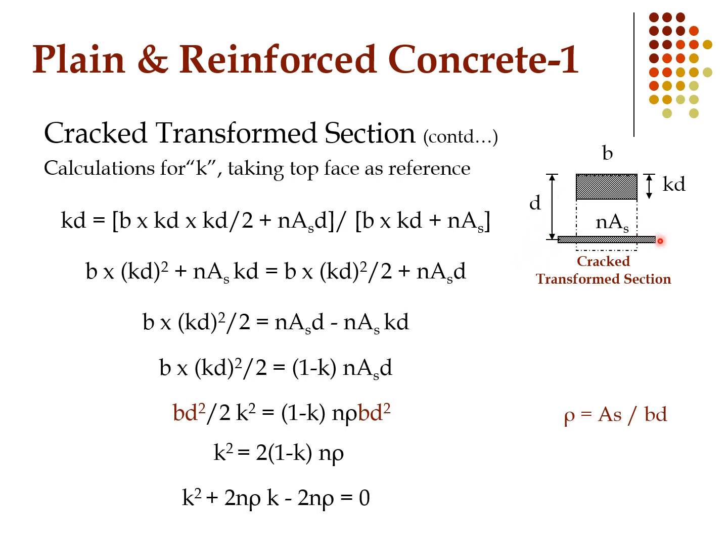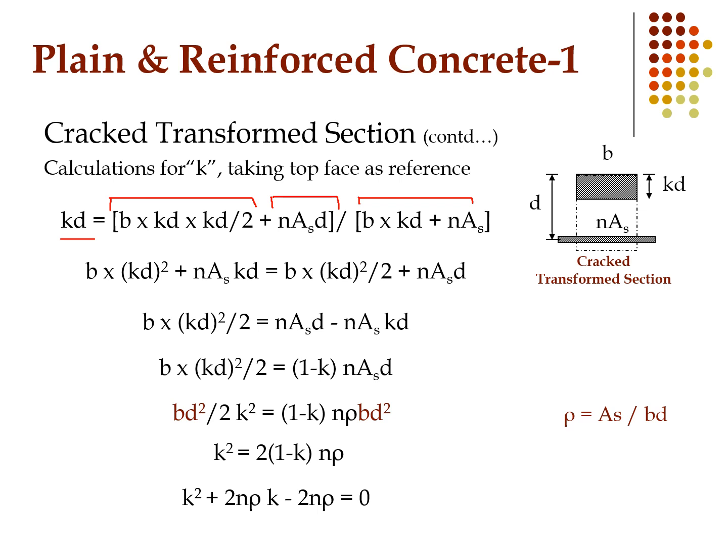A2 is the area of this reinforcement, which is n times As, and the distance from its centroid to the compression face is y2. So this is A1 y1 and this term is A2 y2, divided by A1 plus A2. So we have used the normal formula for calculating the y bar.